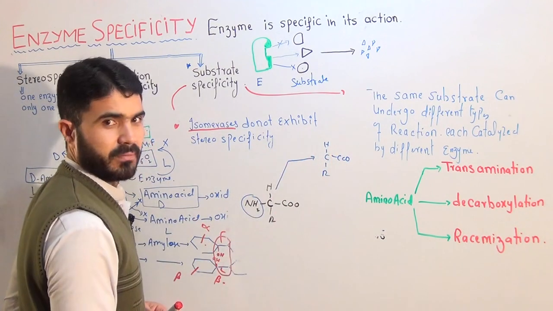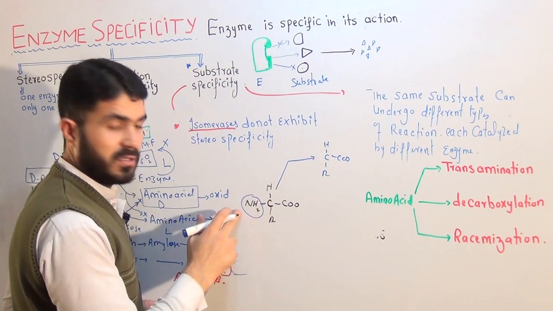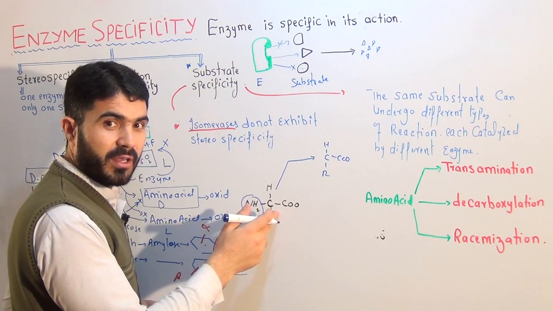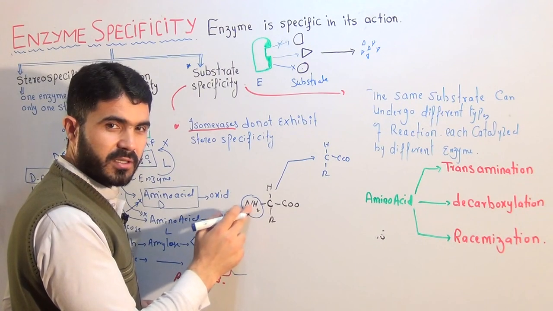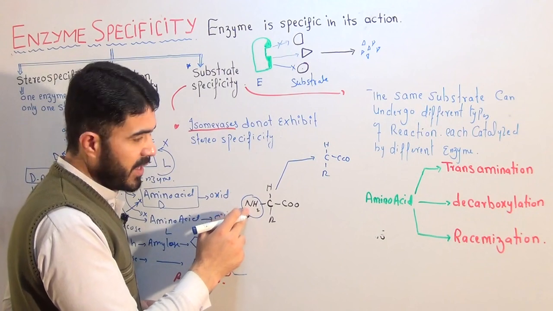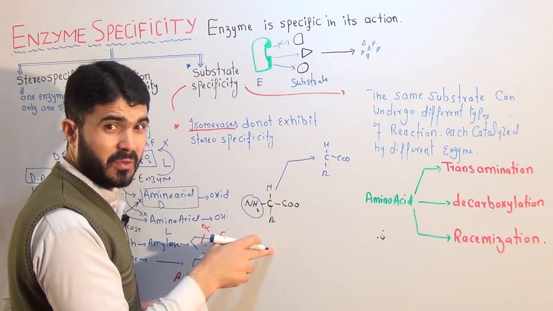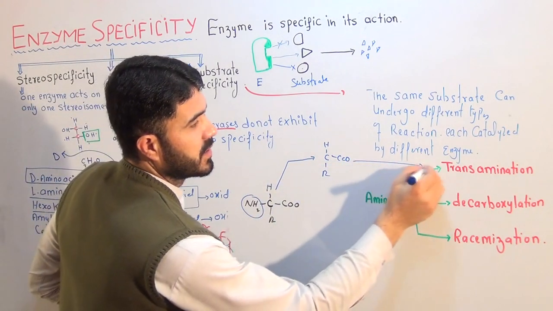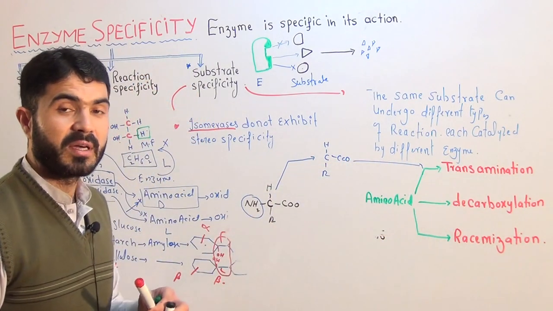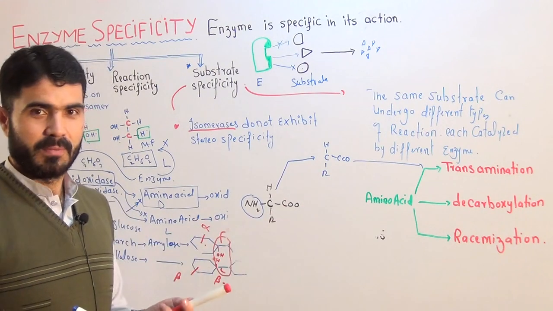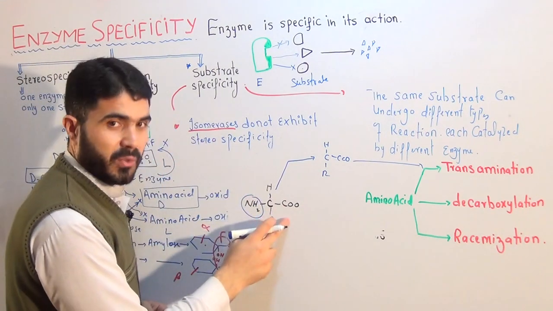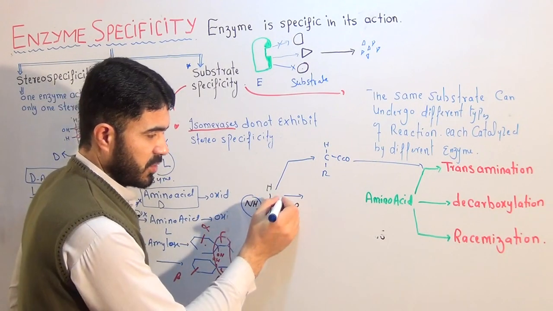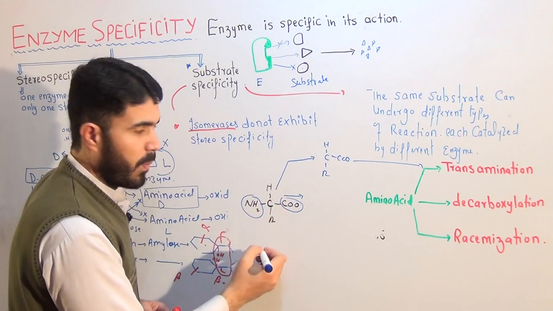This is a reaction involving the amino group. The amino acid is going to perform a reaction, but the reaction is targeting which group? The amino group. This kind of reaction of an amino acid which is targeting the amino group will be called transamination. The same amino acid can be targeted at this group COO.